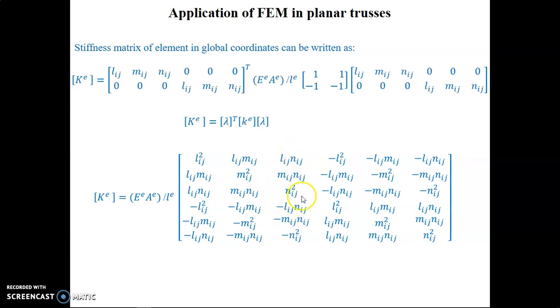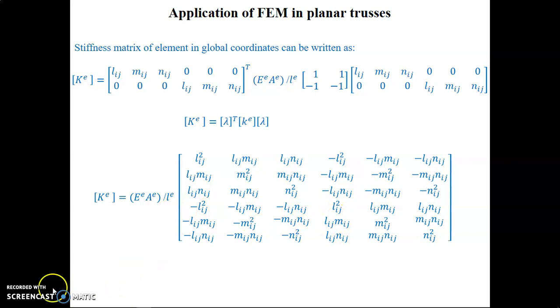So we are going to eliminate this row, and then this row, and this row, and similarly these columns.